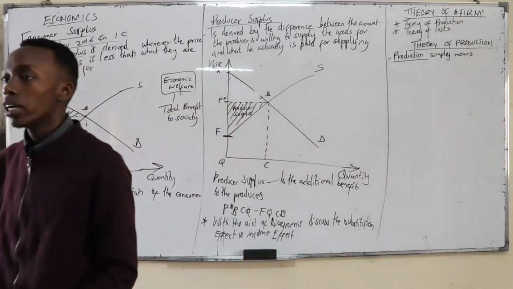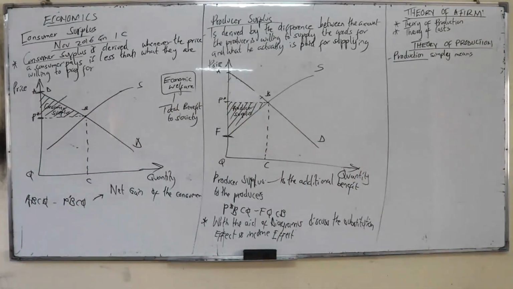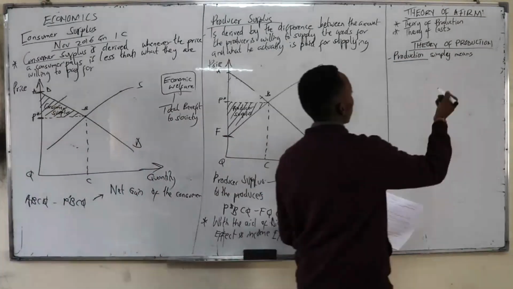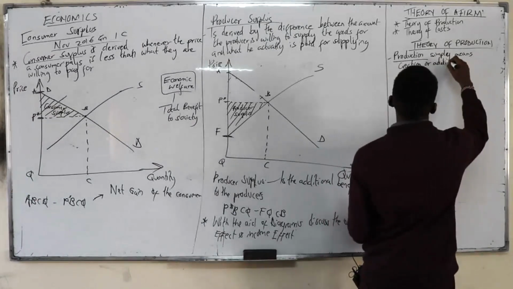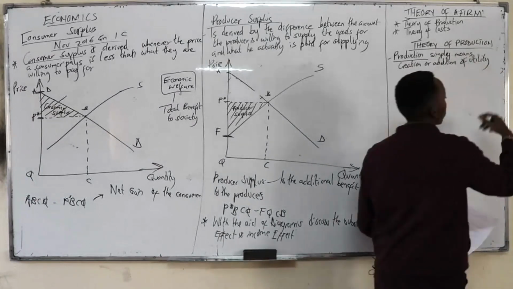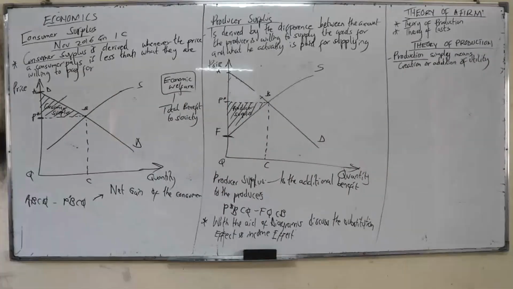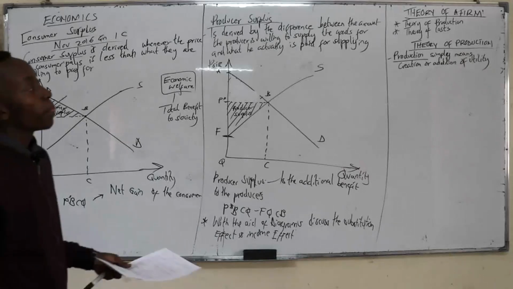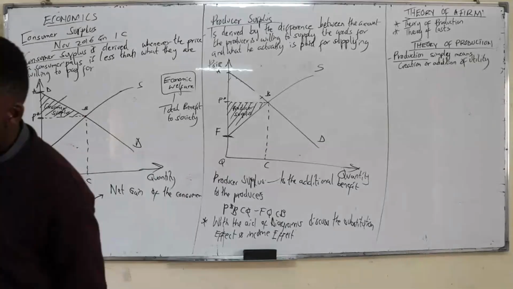You're trying to make factors of production satisfy a certain need or want. So you're using the factors of production to convert them into goods and services, which would help in satisfying human wants. And you said that utility is that level of satisfaction that is derived from consumption of a commodity.